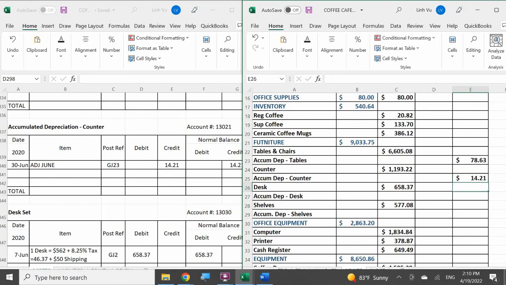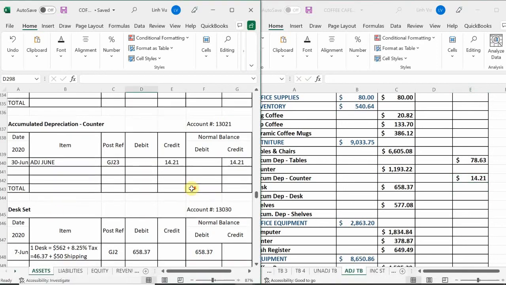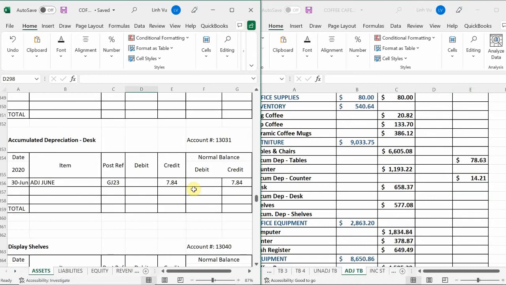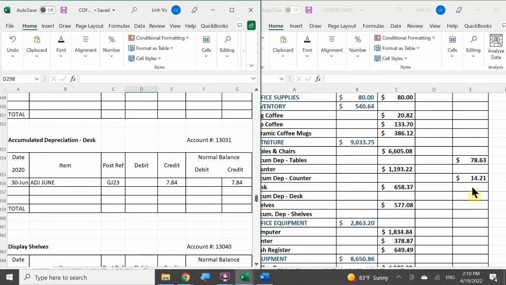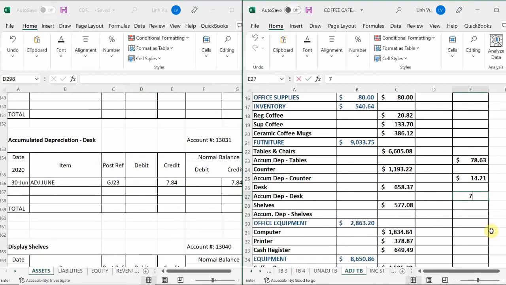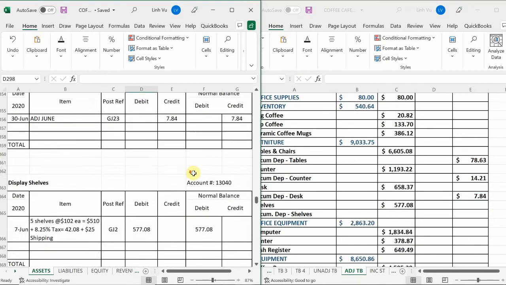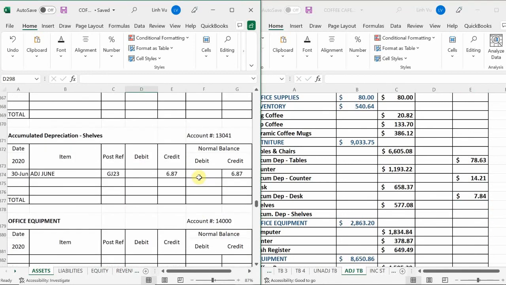Okay. My desk was $7.84. And the accumulated depreciation for my display shelves was $6.87.